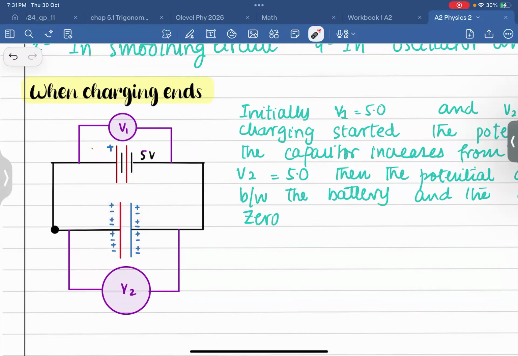If we try to find out the potential difference between these two points, we're going to get zero. You're going to get zero if you have the same voltage right here and the same voltage right here.